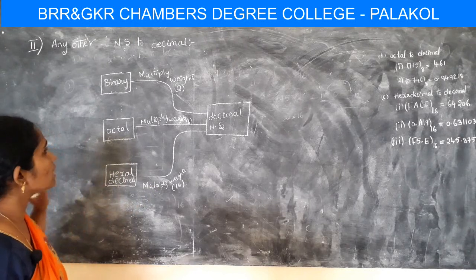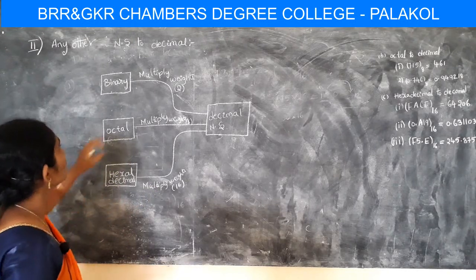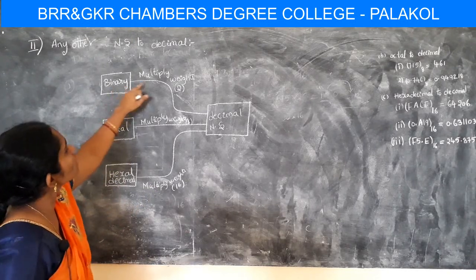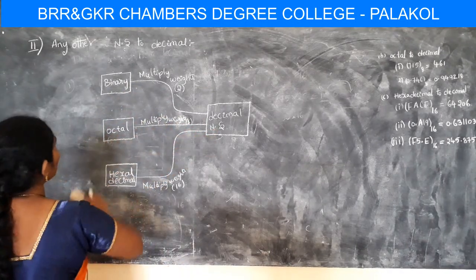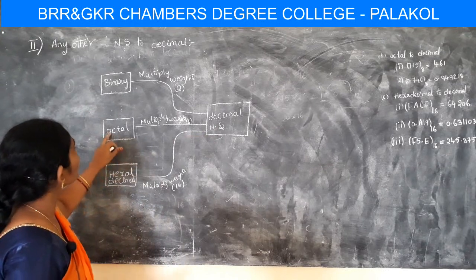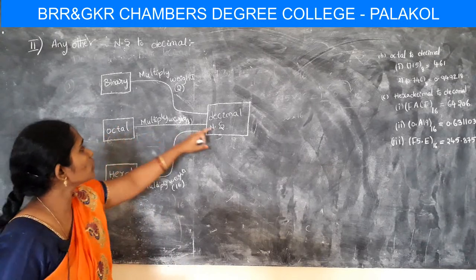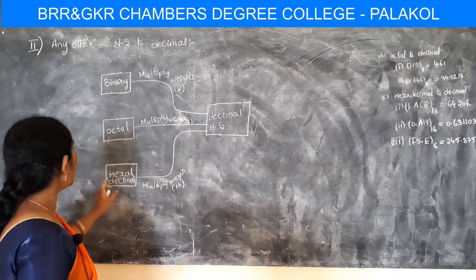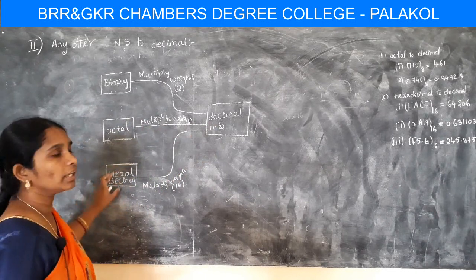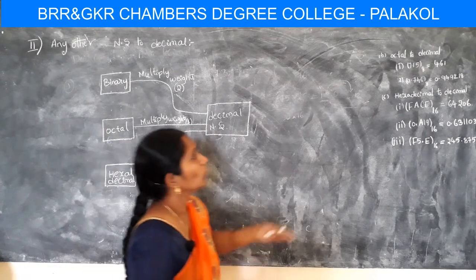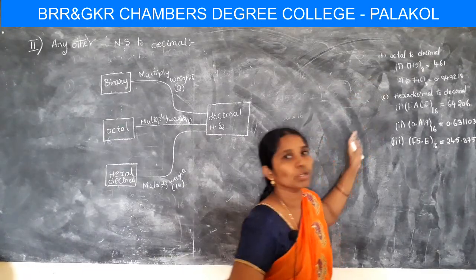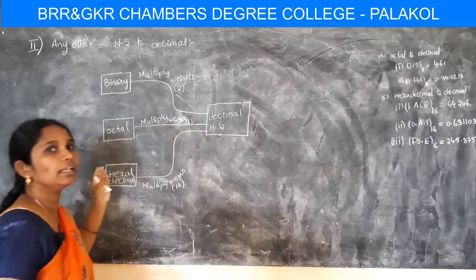Okay. So the first one is how to convert the binary number system to the decimal number system. After that how to convert the given octal numbers to the decimal number system, and after that how to convert the given hexadecimal number to the decimal number system. Okay. So these are the problems we will discuss here.